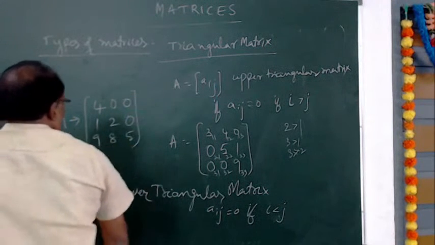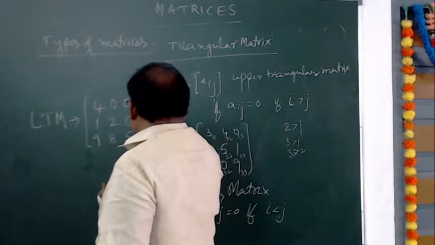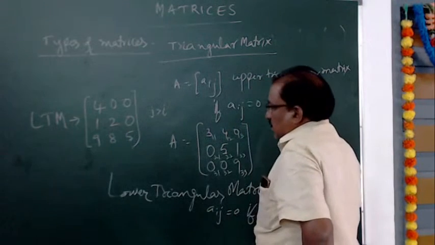What is it? J greater than I, or I less than J.